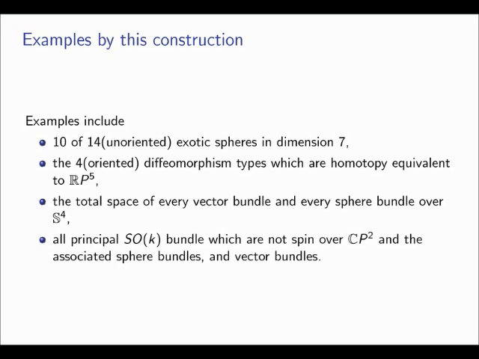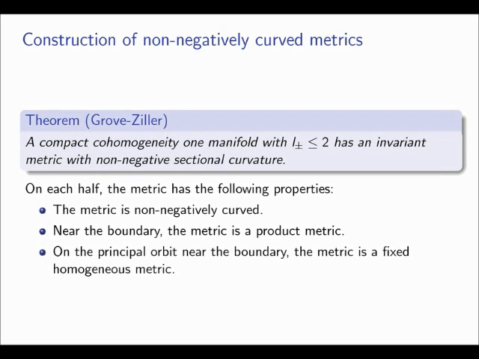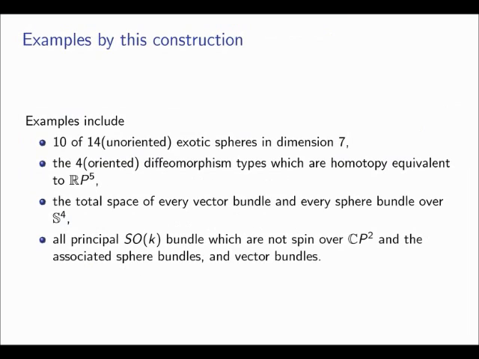So for non-negatively curved manifolds, we have a new construction. This is the Grove-Ziller construction for cohomogeneity one manifolds, and there's a theorem here that gives you a lot of examples. The question is, we know for homogeneous spaces there's a natural way to pose an invariant metric, and the invariant metric has non-negative sectional curvature.